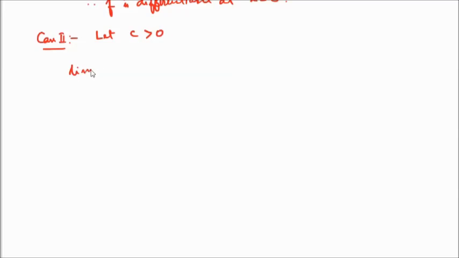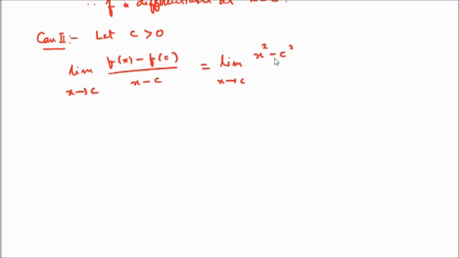Therefore limit of f of x minus f of c by x minus c, x tends to c, will be, for c greater than 0, my f of x will take x square minus c square by x minus c, equal to limit x tends to c of x plus c.